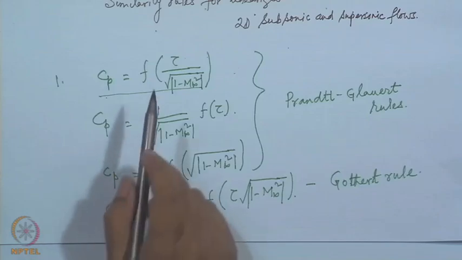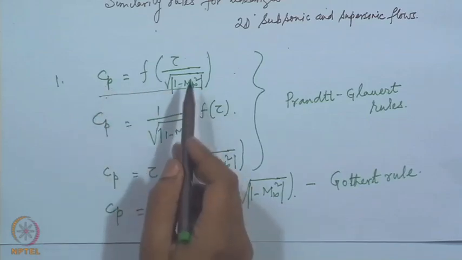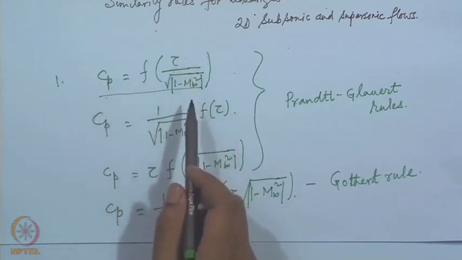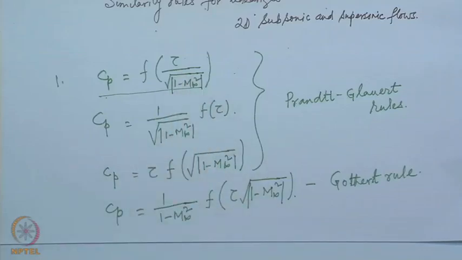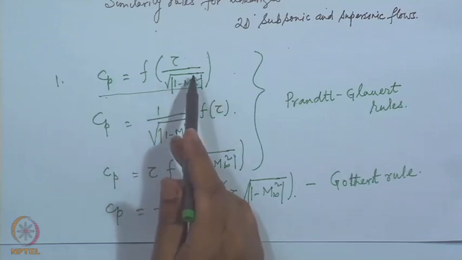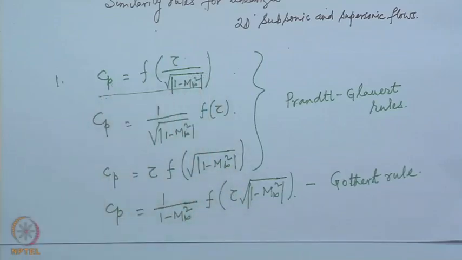It simply says that if this parameter, that is tau divided by square root of absolute 1 minus M infinity square, is invariant, then C p also remains invariant.